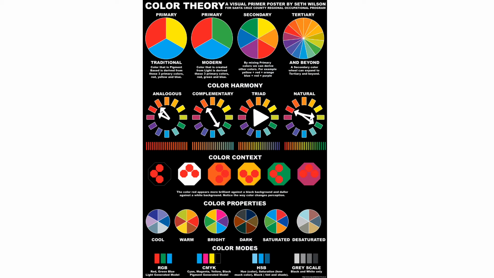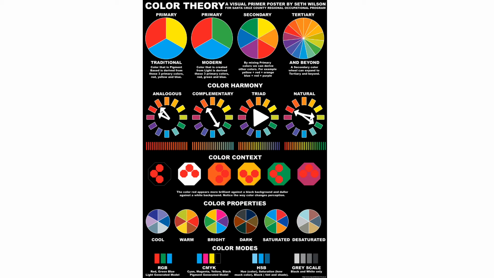Complementary colors are colors that are across from each other on the color wheel. So a really good example is red and green. If you think about Christmas, those are complementary colors, and those are across from each other on the color wheel, as well as like blue and orange, yellow and violet, things like this.